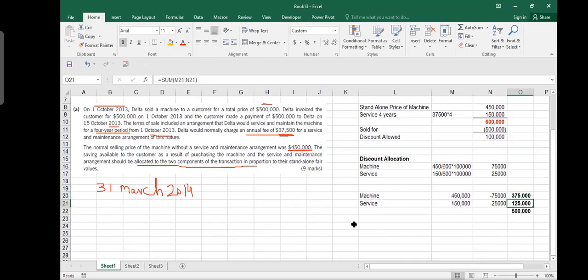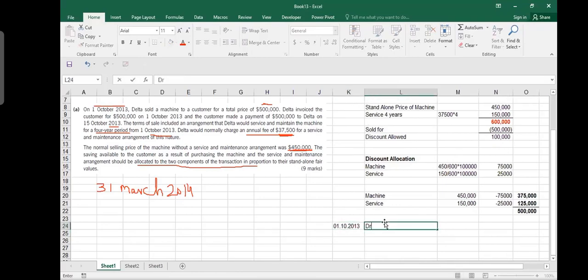So here, when you sold it on 01/10/2013, the date when you sold them, you should be saying debit receivables, which is 500,000 because you invoice at 500,000, and you would say credit revenue, which is 375,000, and you would say credit deferred revenue.